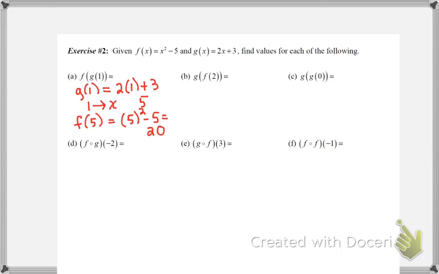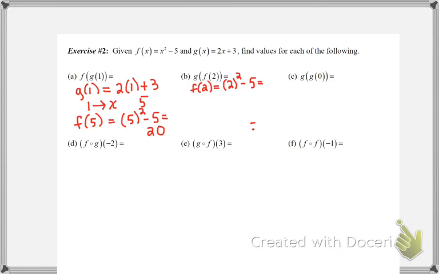Okay, g of f of 2. Do f of 2 first. So that'll be 2 squared minus 5.